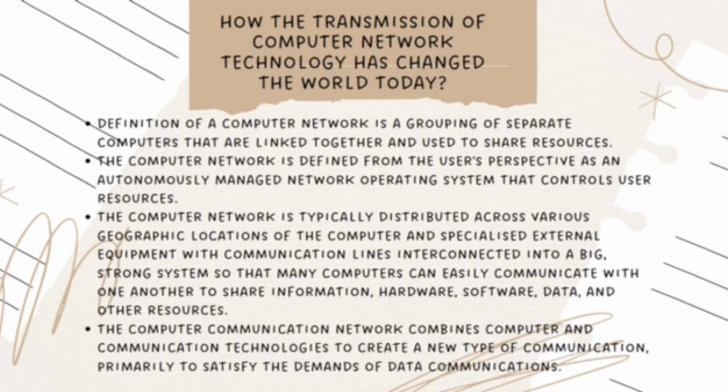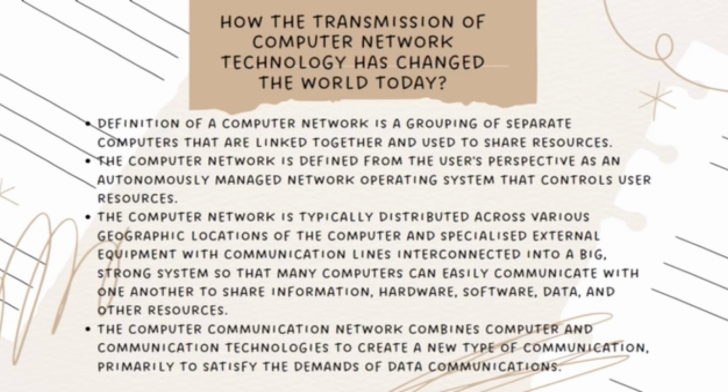The computer network is defined from the user's perspective as an autonomously managed network operating system that controls user resources. So the user can see through the entirety of the network, which resembles a big computer system.